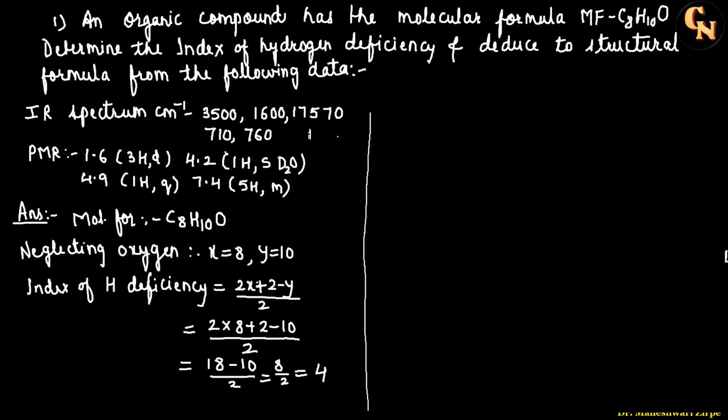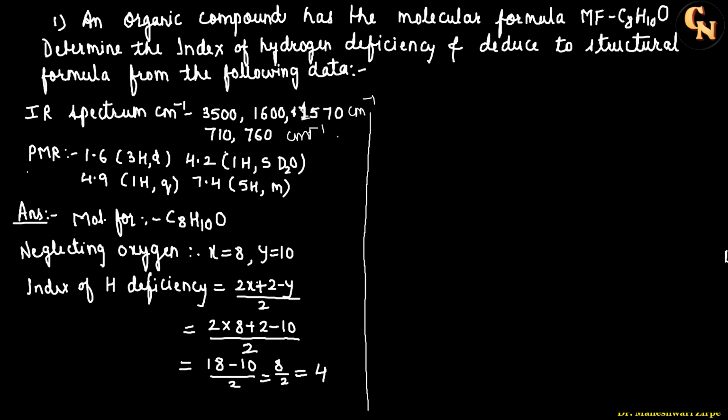They have given the IR spectrum data, that is 3500 centimeter inverse, 1600 centimeter inverse, 1570 centimeter inverse, then 710 and 716 centimeter inverse. So these are the IR data they have given.